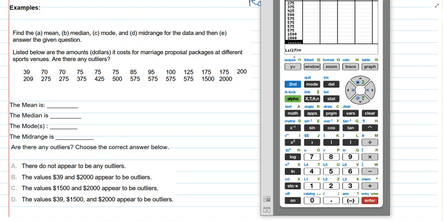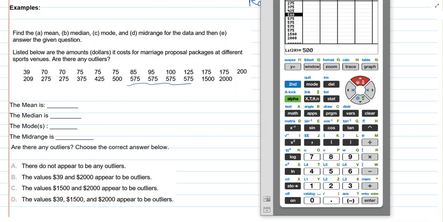And I notice I have 27. So I have made an error in the data. We said we were going to have 25. It should say 26. So I'm going backwards. 2,000, 1,500, 575 four times, which is, I think, where it is. That's four times, so that's correct.